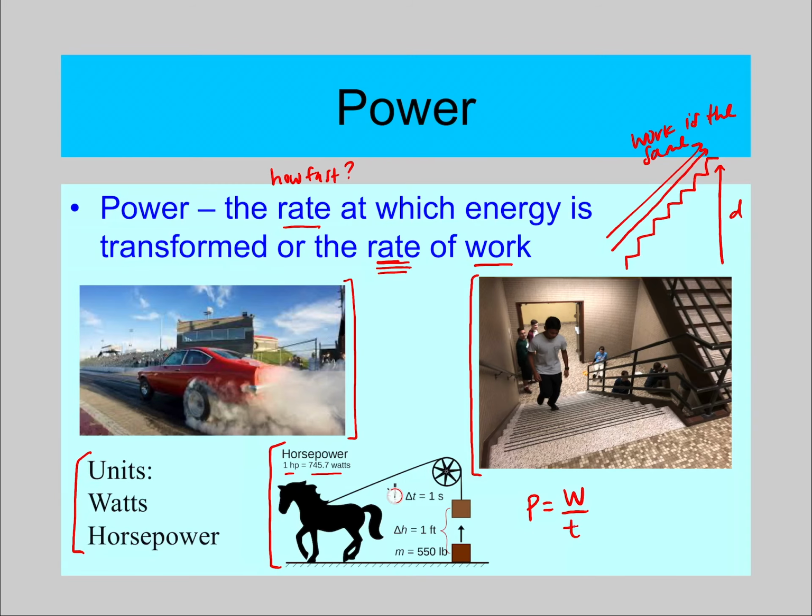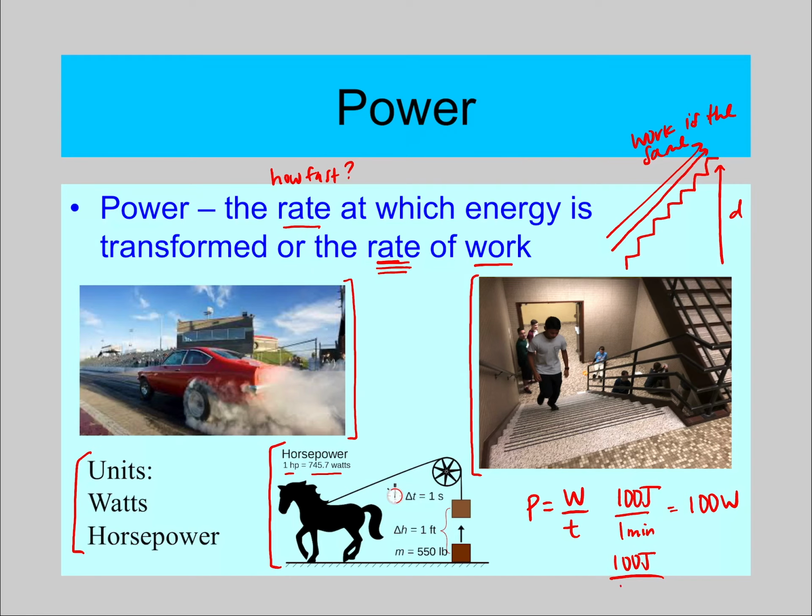So in this case, say that I expend 100 joules walking up the stairs, and it takes me 1 minute to walk up the stairs. So the amount of power that I'm going to expend is 100 watts.